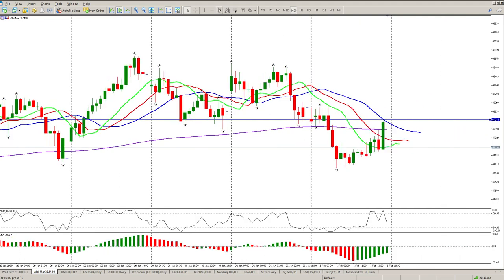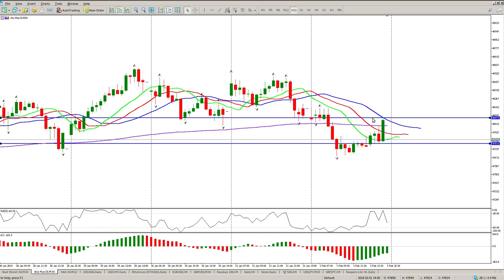I suspect we're more than likely going to move to the downside. I'm seeing this as a retracement of this bigger move to the downside, and I want to see another move down. Okay, so those are levels to watch. So what you're looking for is a break above 48.175 or a break below 47.813, which will give you direction, and the only direction you need to look for is the height of this range.